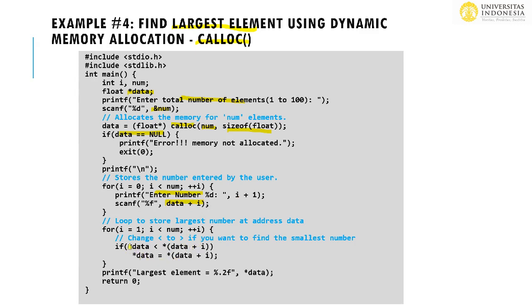If the data compared to the next data is less, meaning that the data plus I is larger, then data is exchanged to data plus I. If not, then do another repetition. Okay. And finally, at the end of the program, the largest element of data will be shown.